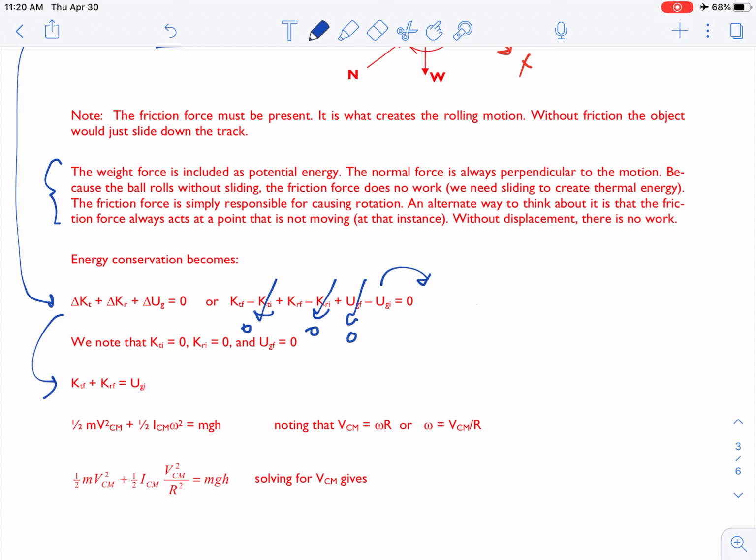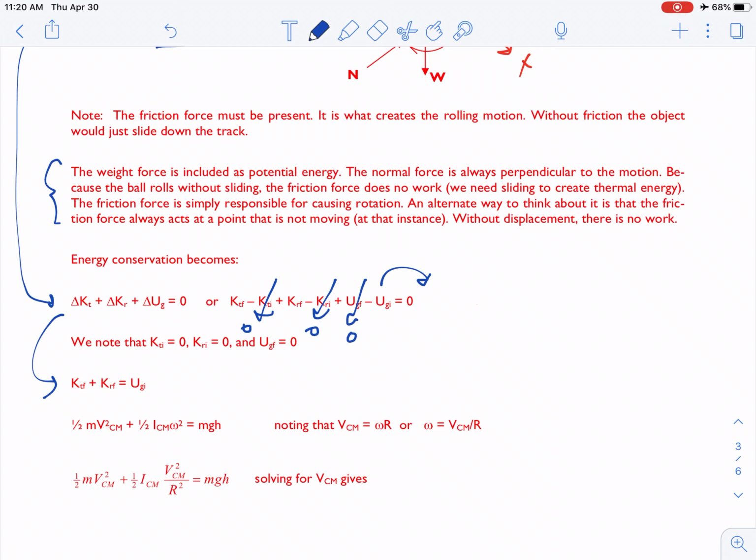Next thing is to just write the definitions of those energies. Again, we are dealing with a rigid body, not a point particle, so we need to think about center of mass. So for the translational kinetic, we are going to say 1/2 m v squared, but v is for the center of mass. And rotational 1/2 I omega squared, I is for the center of mass.